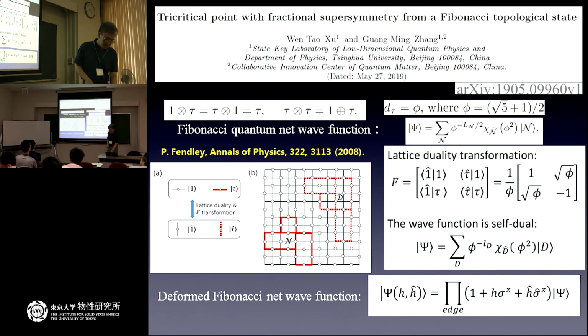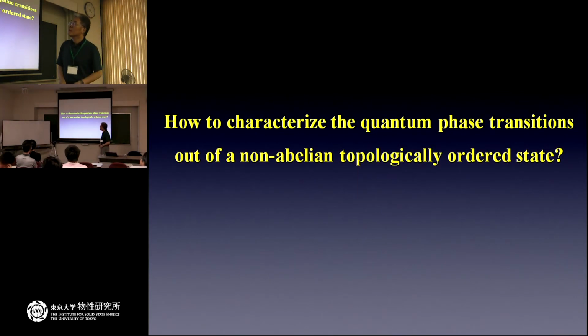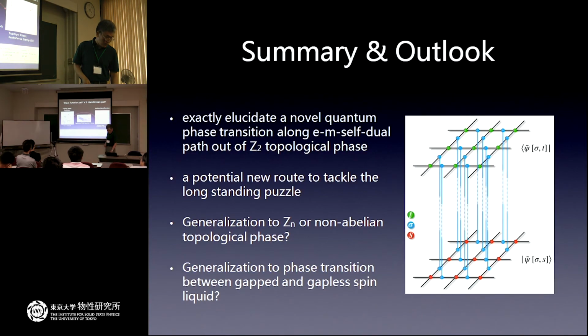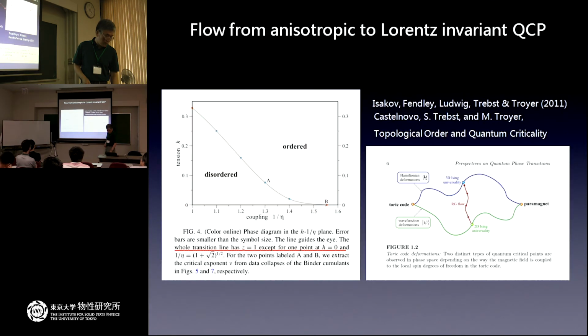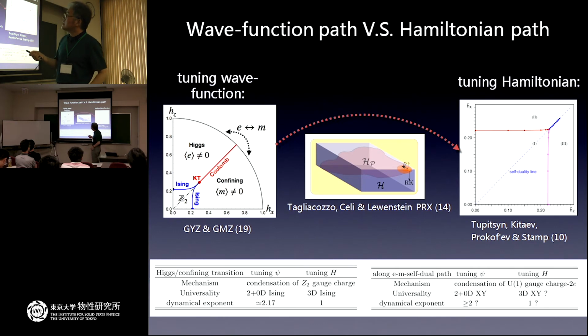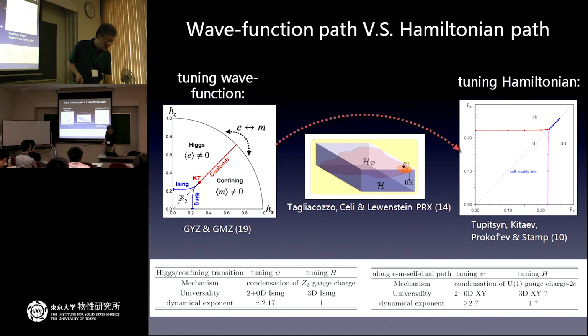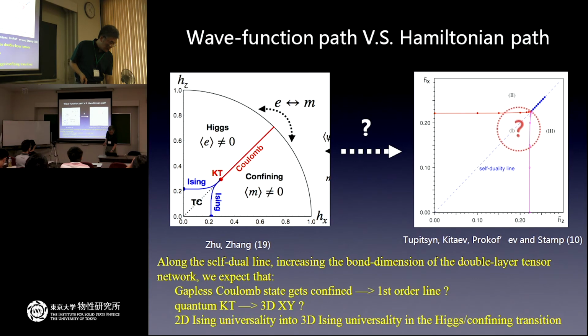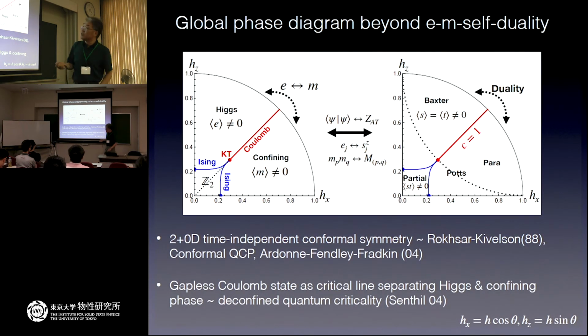Actually, I'm not familiar with this literature, but regarding the numerical result on the first order nature of the transition, I mean, it's not your work, but to what extent is this trustworthy, reliable? Yeah, this transition is actually quite interesting. Maybe you know this is the so-called deconfined quantum criticality.